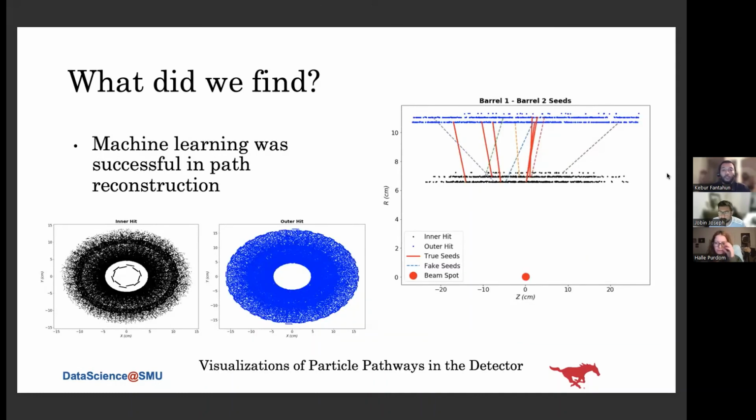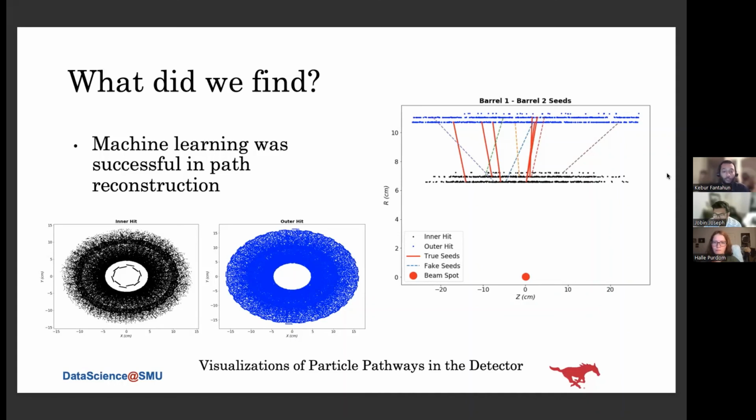So what did we find? Machine learning turned out to be successful in path reconstruction. While the analysis strategies that CERN has been using have been good, they're always looking to improve. In turning to machine learning, we found that we could get better results leveraging things like deep neural networks and boosted decision trees.